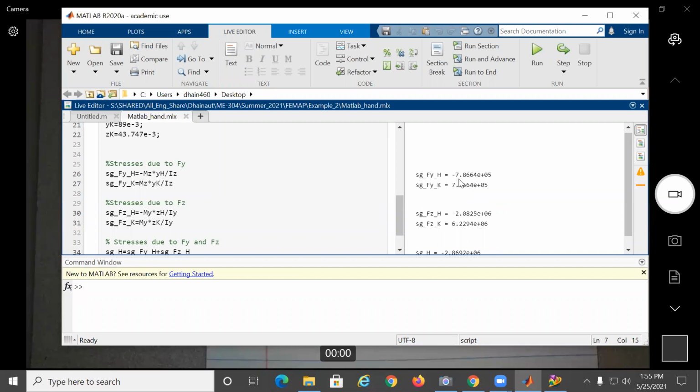Fy gives 7.8664 times 10 to the 5. And sigma of K is the same thing, 7.8664 times 10 to the 5, and this should be in pascals.